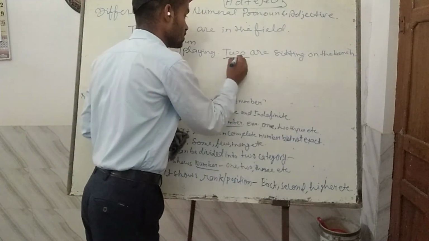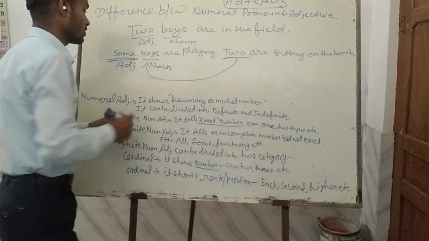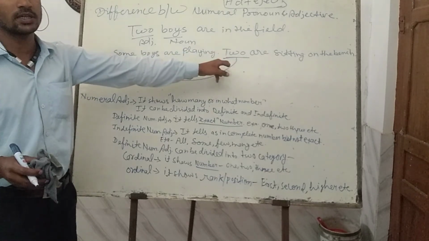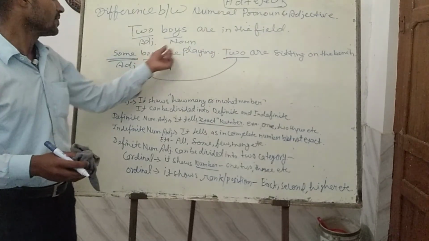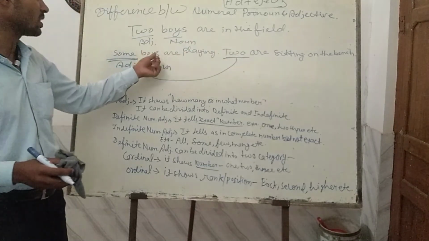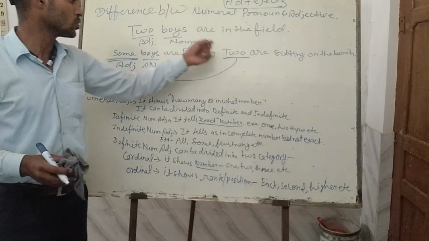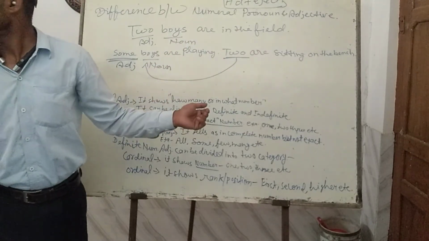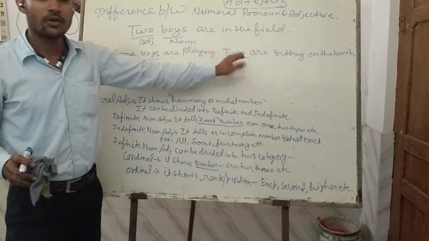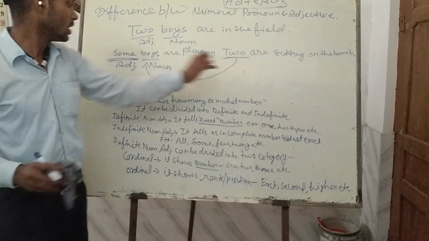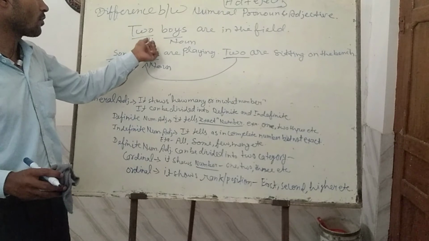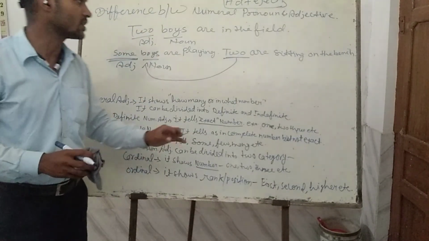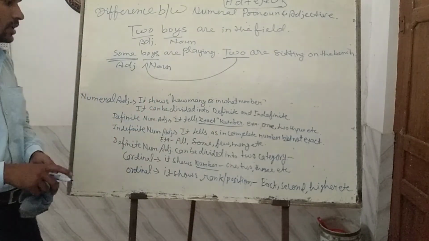The word two is referring to the boys, because in the park boys are playing and two are sitting on the bench, means two boys. So the word two has been used at the place of boys. So here two is performing the function of pronoun at the place of the noun, and there two is performing the work of the adjective. In this way, I think the difference between the pronoun and adjective is clear.